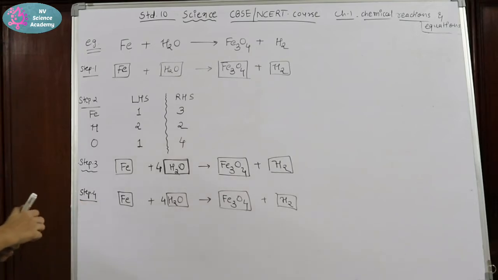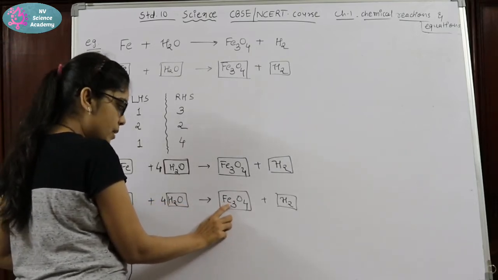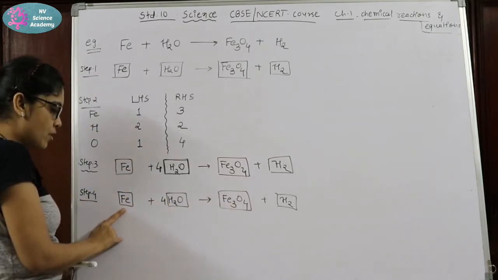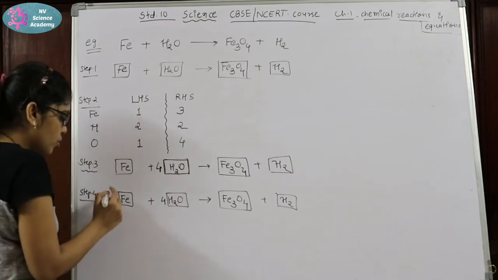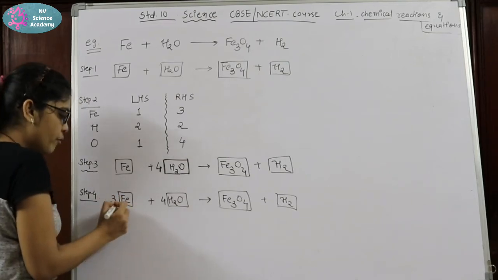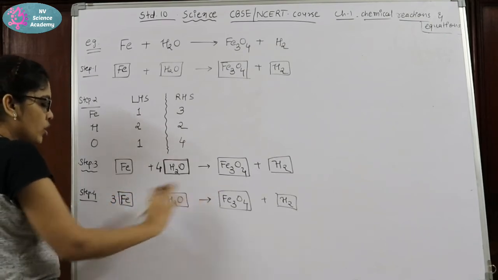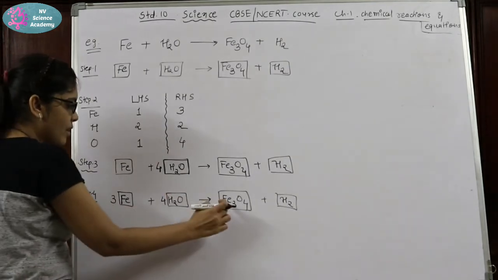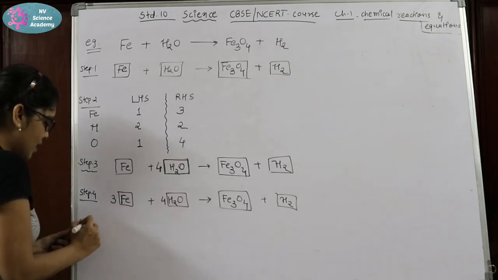You can see on the right-hand side the number of Fe atoms is 3 and on the left-hand side the number of Fe atoms is 1. So to make Fe atoms 3, we will put 3 as a coefficient before Fe. You can see on both sides the number of Fe atoms is balanced. Here it is 3 and here it is also 3. So Fe is balanced. Now step 5.